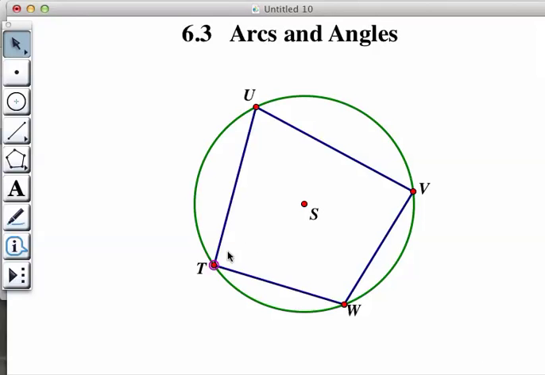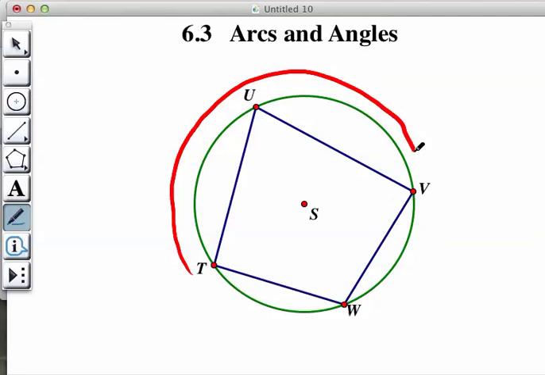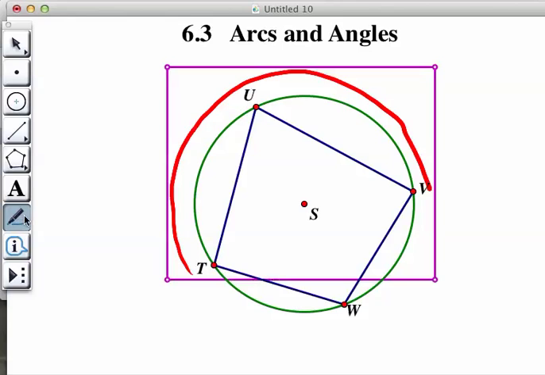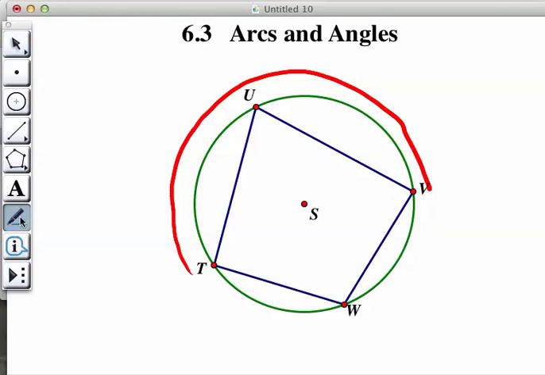What do I know about the measure of arc TUV? The measure of this arc plus the measure of this arc down here.